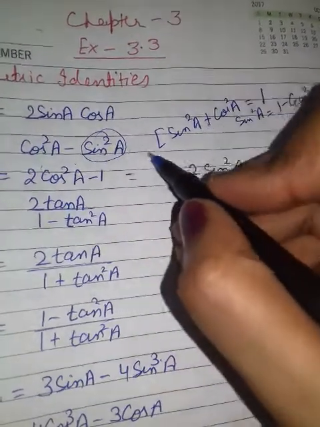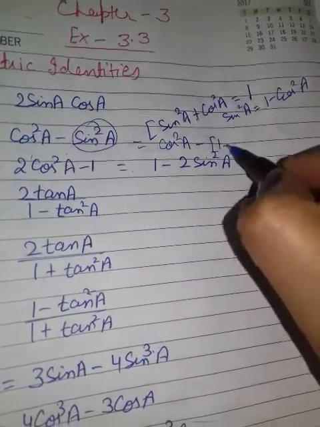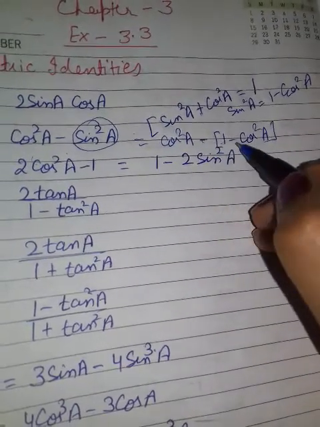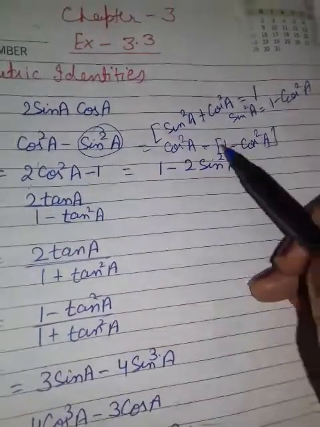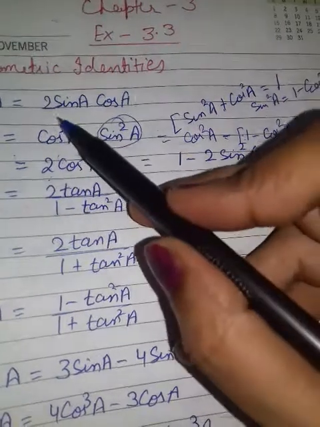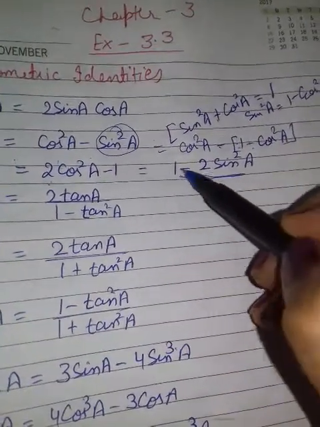So we will put here cos square a minus, 1 minus cos square a. Whenever you open the minus, it becomes plus cos square a, 2 times, so 2 cos square a minus 1. Similarly, in that manner you can use the value of cos square from this and you will get this result.